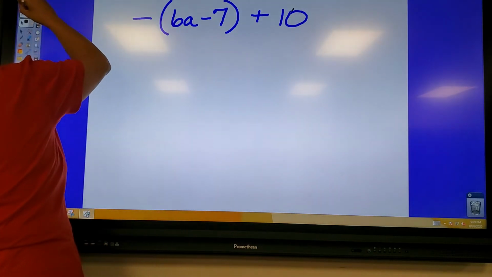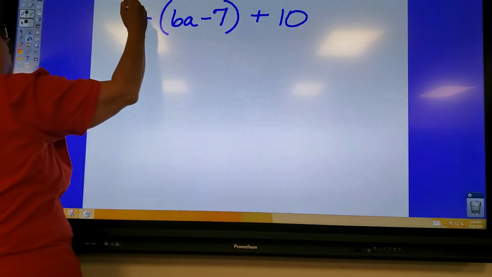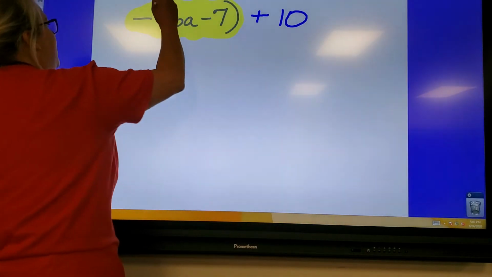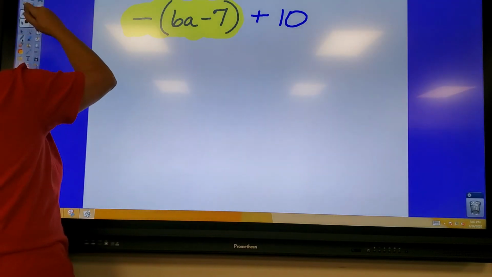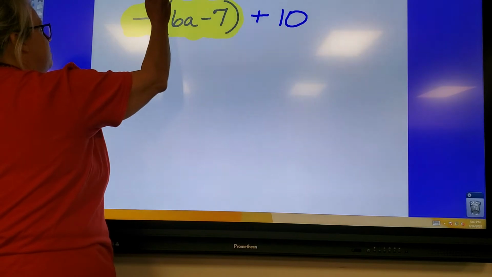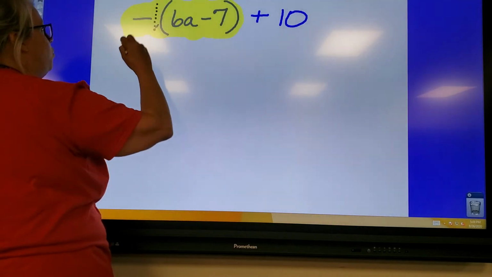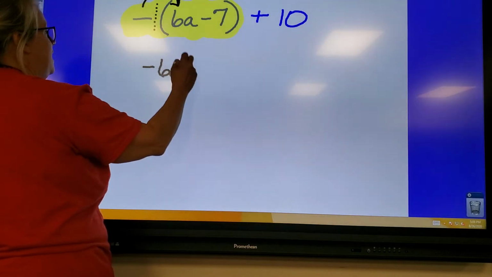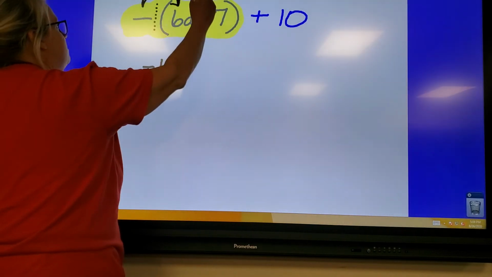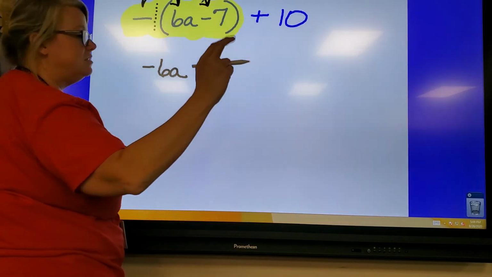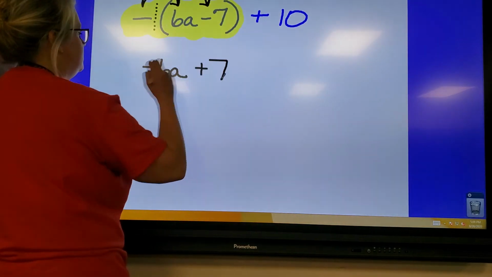Whenever you see just a negative sign that you have to distribute, think about that negative sign as being a negative 1. It's going to make it easier to think about your multiplying. So think about this as a negative 1 times 6a, which is a negative 6a, and a negative 1 times a negative 7, two negatives make a positive 7.